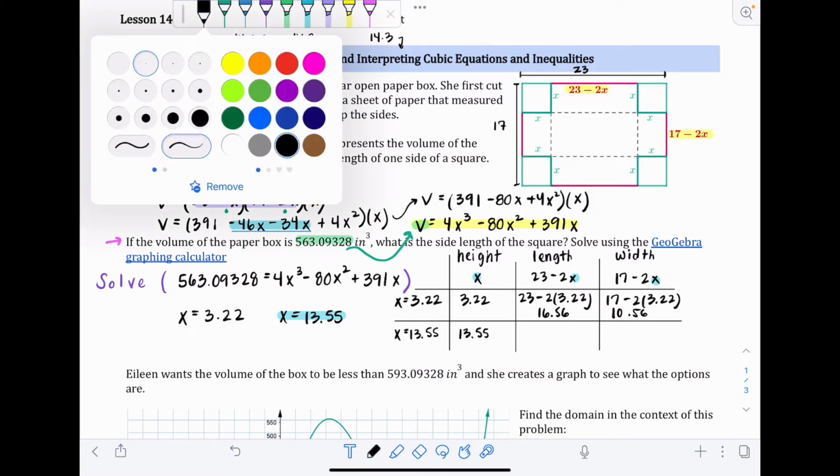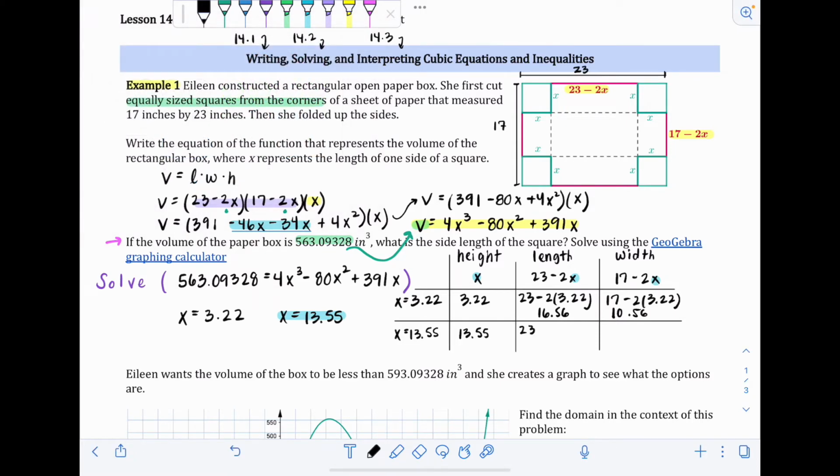And then the length would be 23 minus 2 times 13.55. 2 times 13.55 is 27.1, and if I subtract that from 23, I end up with negative 4.1.